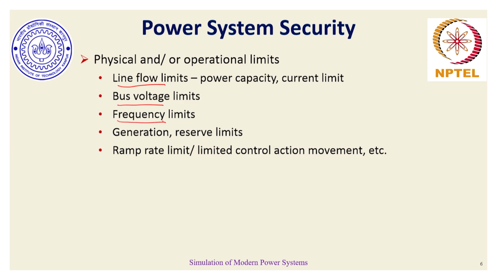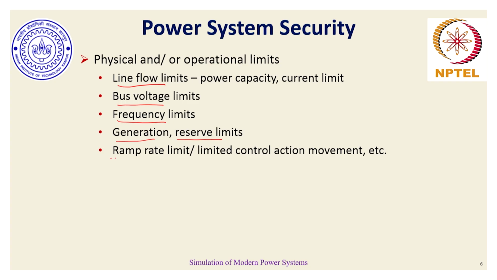If the frequency goes up or goes down, area control error tends to go up, and then the possibility of scheduling or control error or desynchronization events goes up. Generators have physical limits on how much real and reactive power they can generate, which we also infer as capability curves of synchronous generators. There are limits on how much spinning reserve or hot or cold reserve can be managed or placed at every generating station.